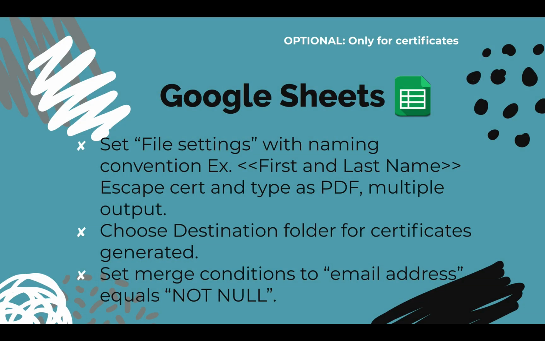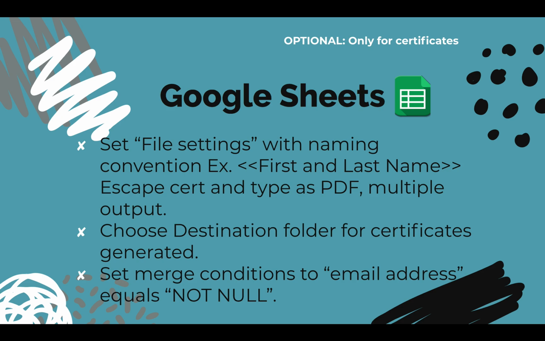You would set the file settings with a naming convention. For example, first and last name escape certificate, and then the type as a PDF multiple output. So these are just the settings that you would need to select as you're setting up the AutoCrat. You're going to choose the destination folder for the certificates so that they can all be generated into one Google Drive folder.